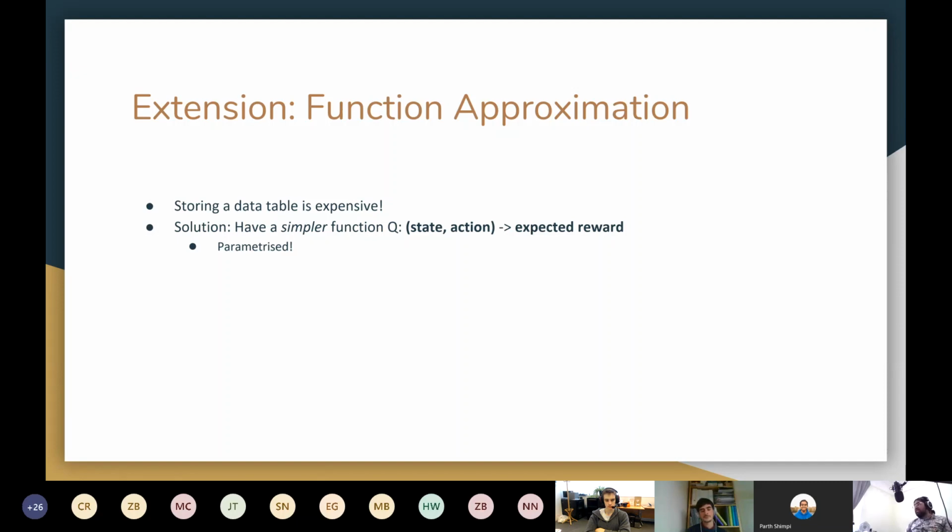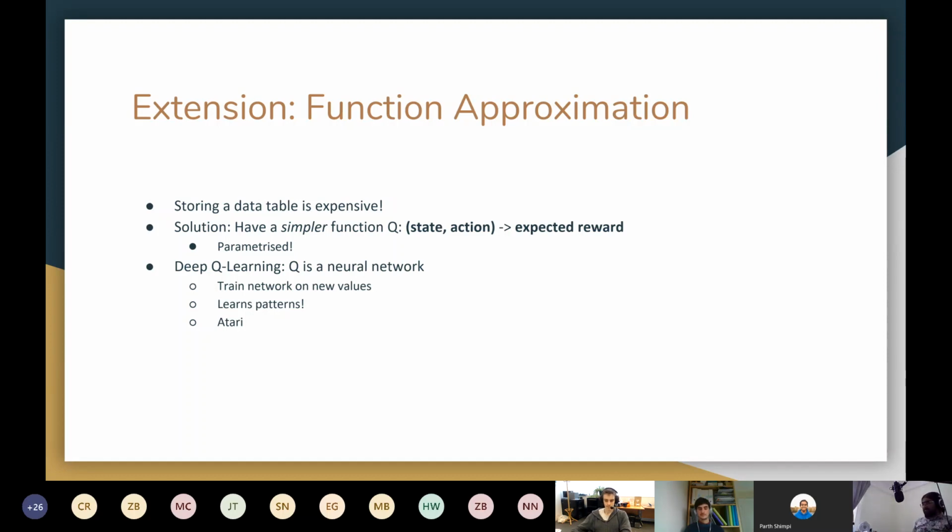And conveniently, this is a problem that neural networks are excellent at. And there's a fairly new technique developed in the last few years called deep Q learning, where your quality function is a neural network. And we replace this standard update step that I mentioned earlier with giving your neural network a new training instance, where you tell it, oh, for this state action pair, here is a new guess for what the expected reward could be, and it slightly updates to predict that a bit better.